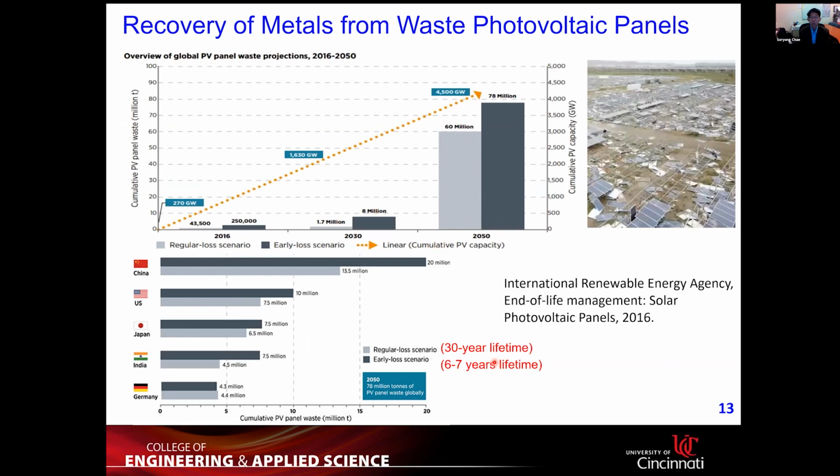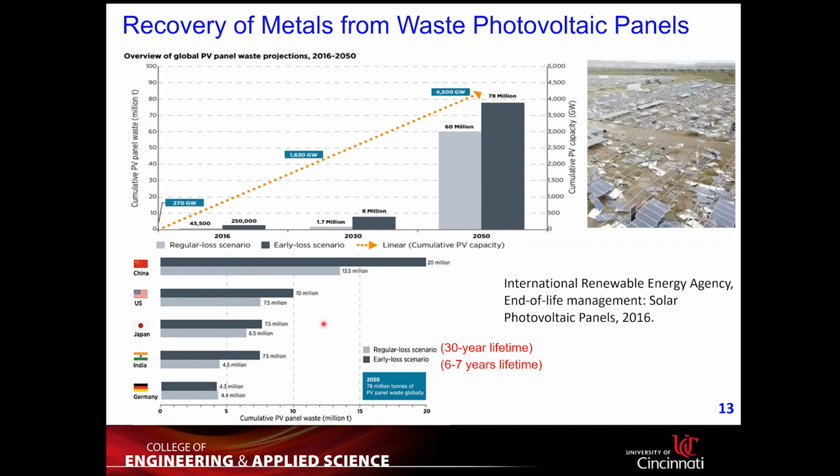Usually, we expect the lifetime of these photovoltaic panels to be about 30 years. However, under some circumstances, like a hurricane, an earthquake, or some undesirable event, the photovoltaic panel may be fully destroyed, and you may have a very short lifetime, even shorter than 6 or 7 years.